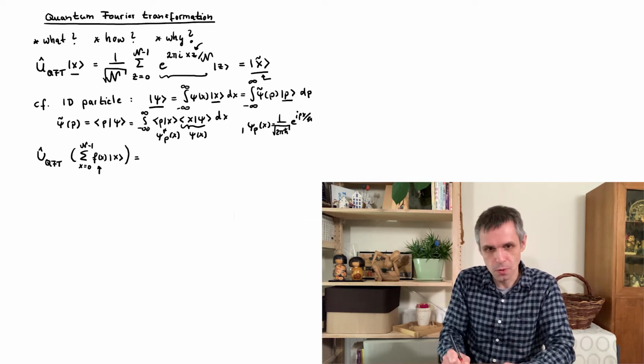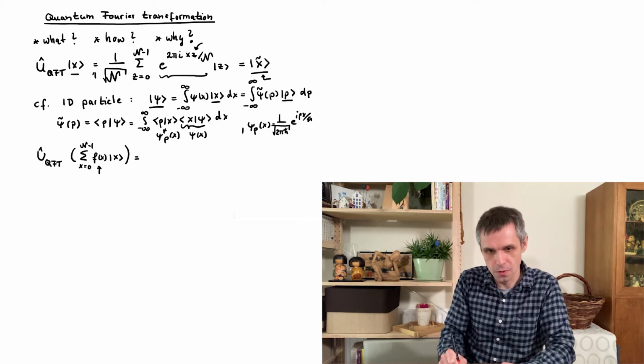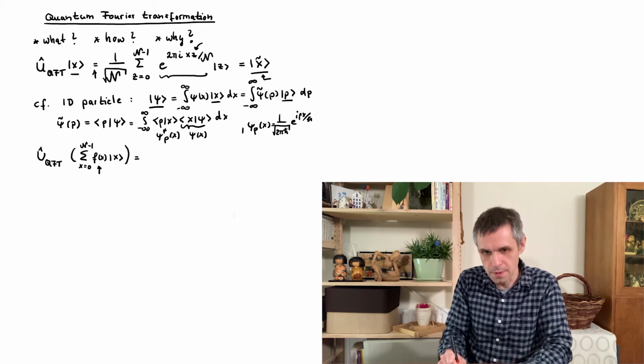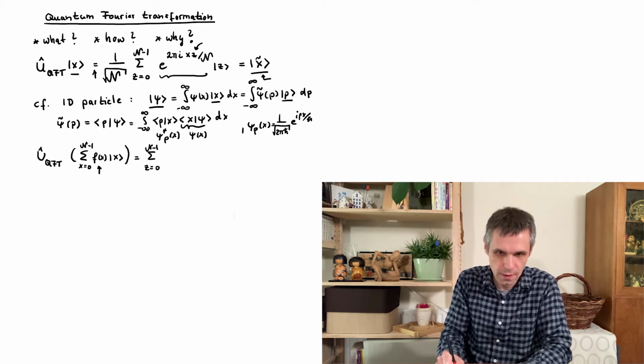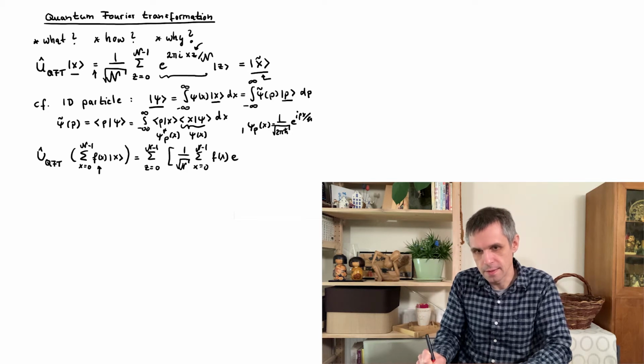And then we use this definition here in its first version, and then we encounter a double sum, and we are going to bring the sum over z to the front, and here we are going to collect a few terms, namely the sum over x, f of x, and these factors here.